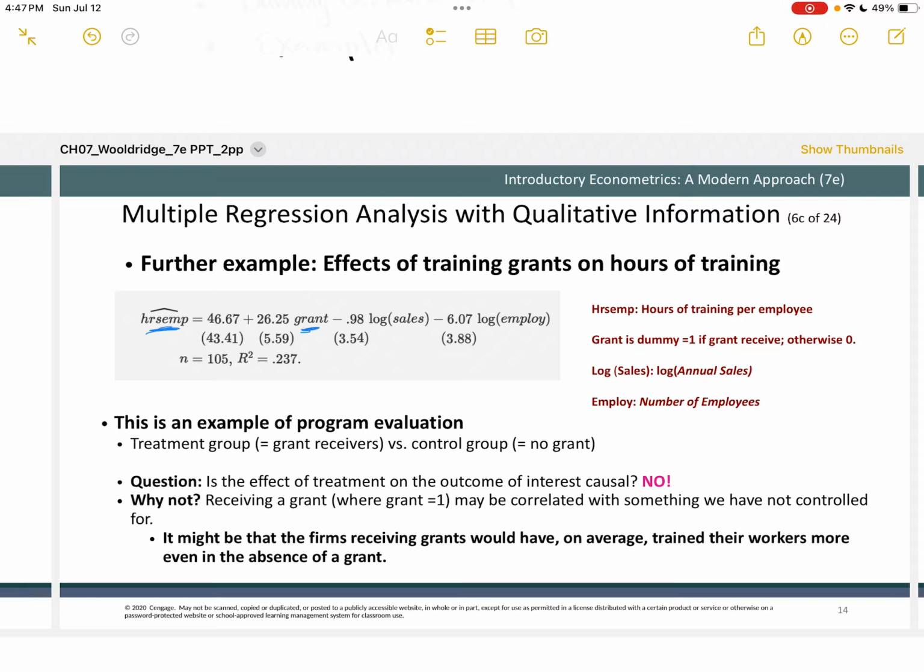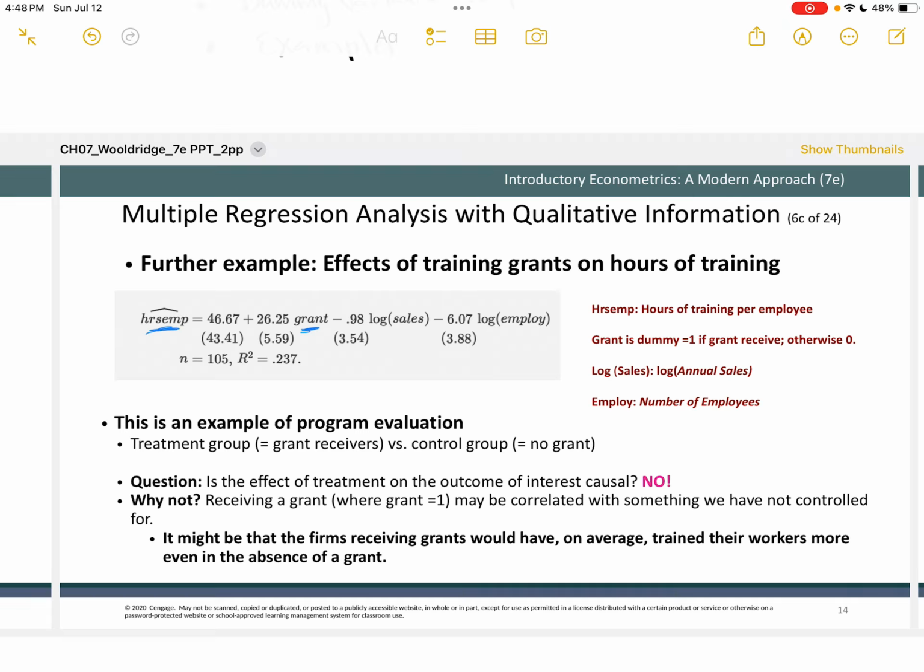Well, the grant is the dummy variable which takes a 1 if a grant is received and takes a 0 otherwise, right? And we add onto that another estimated coefficient times log of sales plus another estimated coefficient times log of number of employees, right? That's what we have here. And we have estimated the model and found our estimated coefficients.